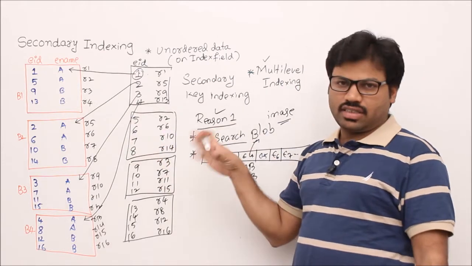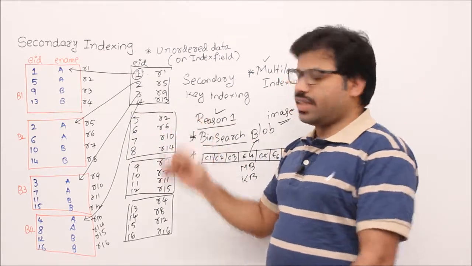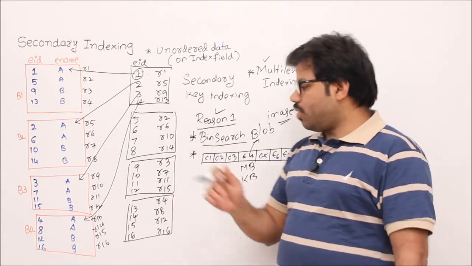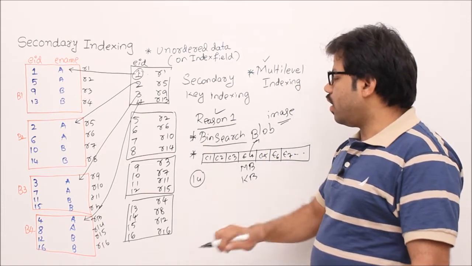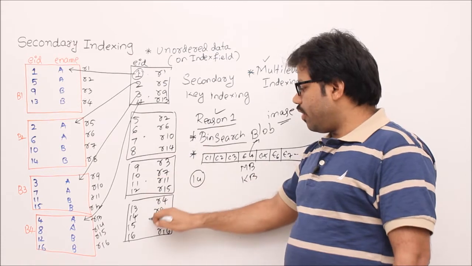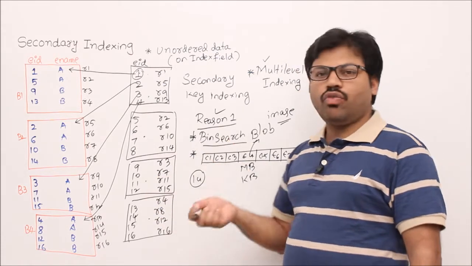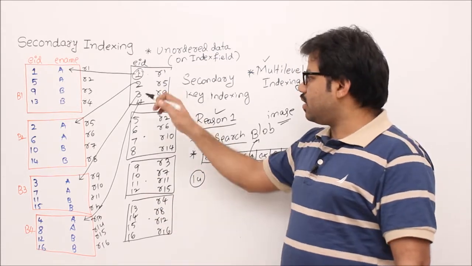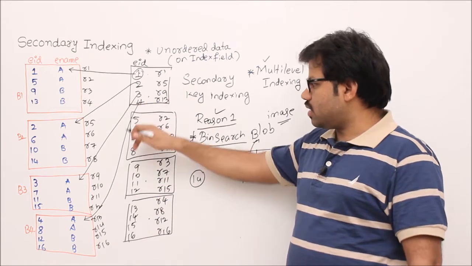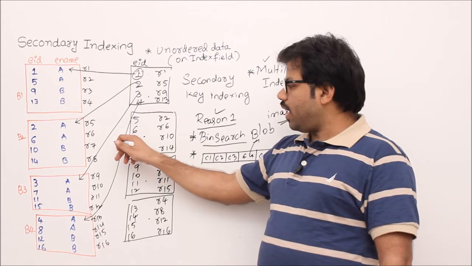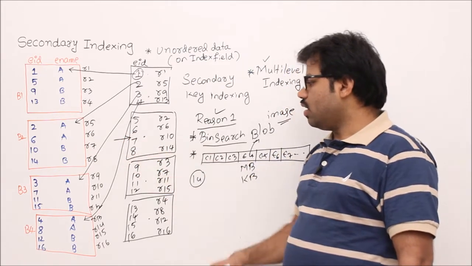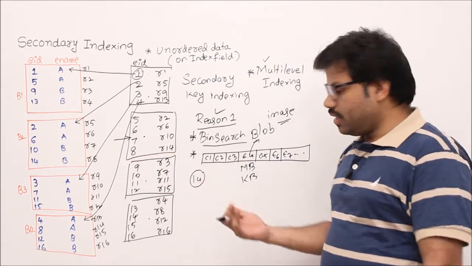This is the index. Example, I want to search using this index. How do I do it, I will tell you. Example, you are searching for a record called 14. First of all, this is ordered data, right? Whenever it is ordered data, go for binary search. Using binary search on the pages, these are all pages, right? Using the page concept, we can apply binary search and find the right block where your data resides.